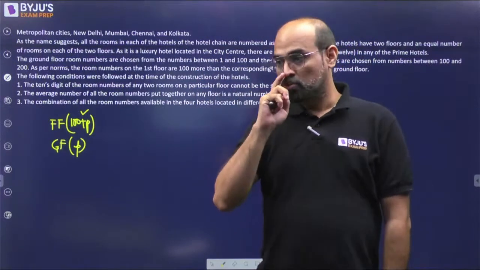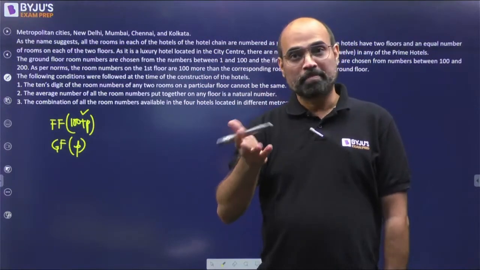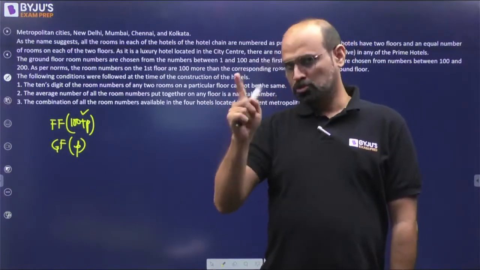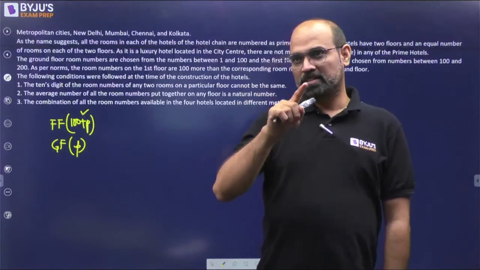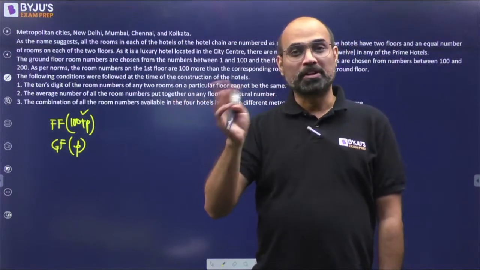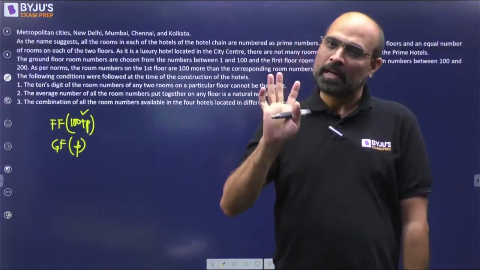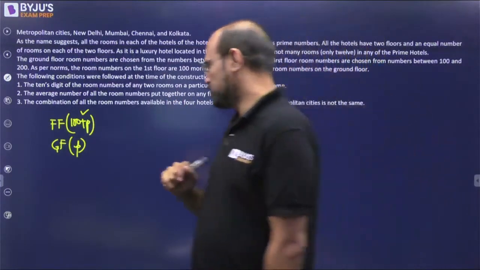Okay? So it becomes very important and mandatory that you should know all the prime numbers from 1 to 100, and then you should also have an idea which are the prime numbers from 100 to 200. If you don't know, then you will have to find out whether the given number is a prime number or not, right? There will be a little calculation.